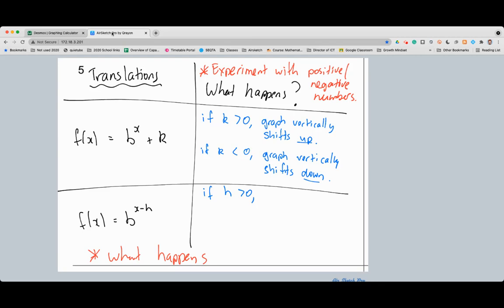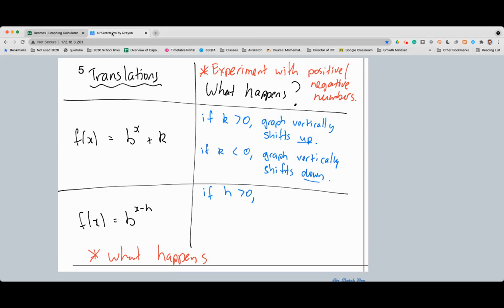So X plus 3 will move it to the left. When I raise b to the power of 0.3 of X, it makes the graph wider, not thinner. So it feels like, oh, 0.3 is a fraction, smaller. It should shrink it, but it doesn't. It actually stretches it. So it's counterintuitive when you're looking at the X values.